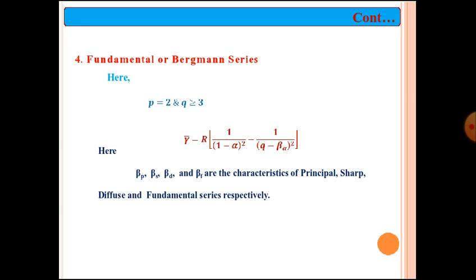Here p equal to 3 and q greater than or equal to 4. Nu bar equal to R into [1 by (3 minus alpha) whole square minus 1 by (q minus beta f) whole square]. Here f represents fundamental. Here beta p, beta s, beta d and beta f are the characteristic constants of the respective series.